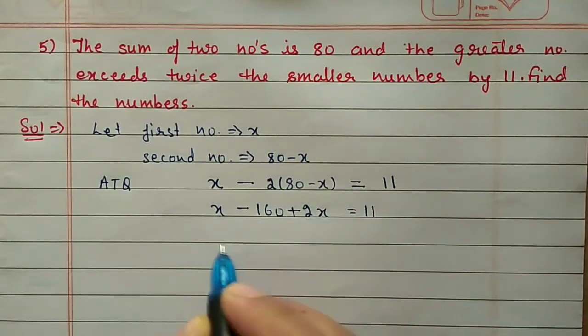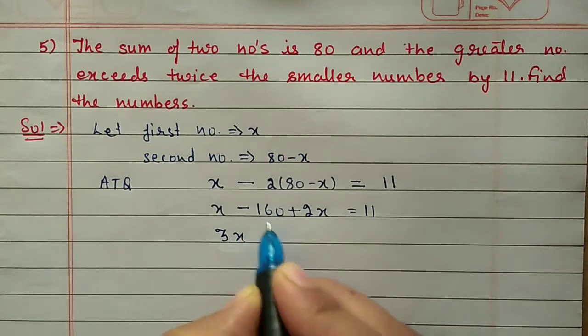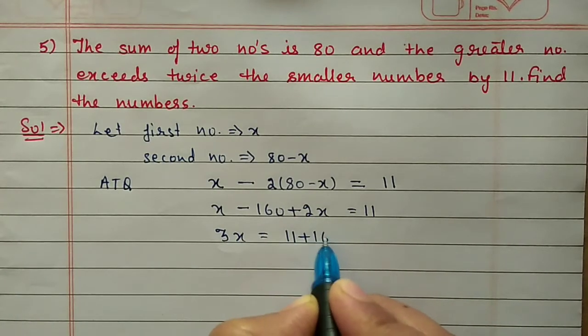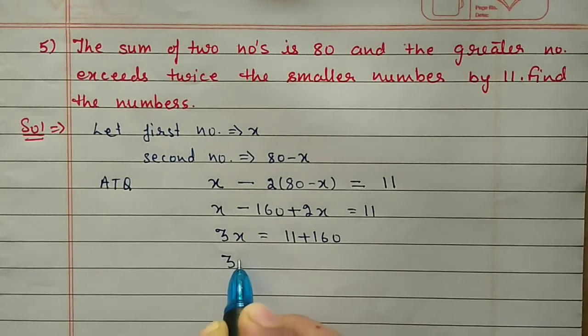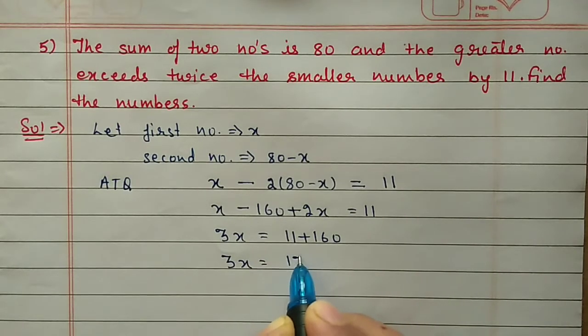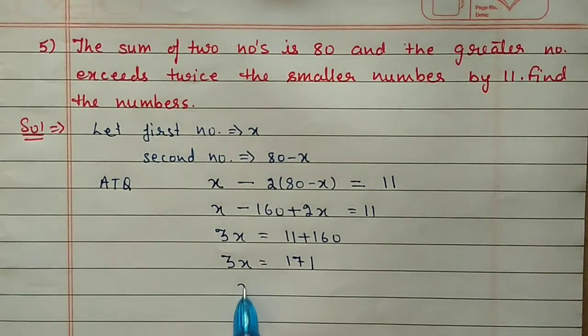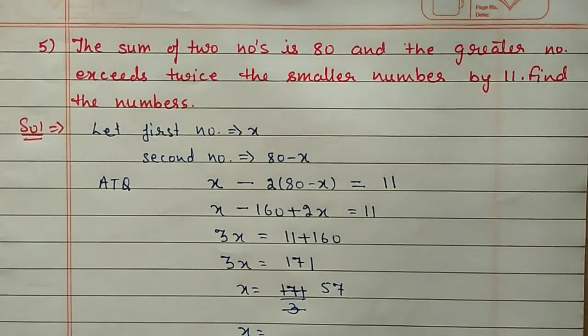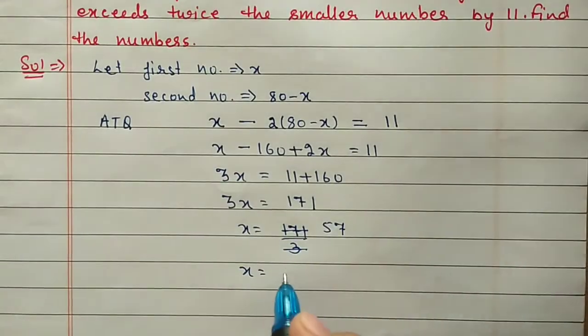So x plus 2x will become 3x and minus 160 we can shift to the other side, it will become plus 160. So 3x is equal to 171 and x is equal to 171 by 3. Cancel out: 3 fives are 15 and 3 sevens are 21. So it means the first number is 57.